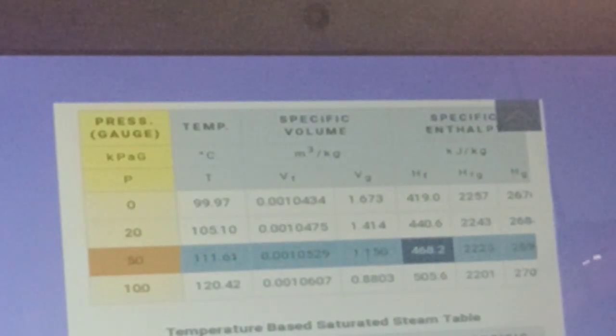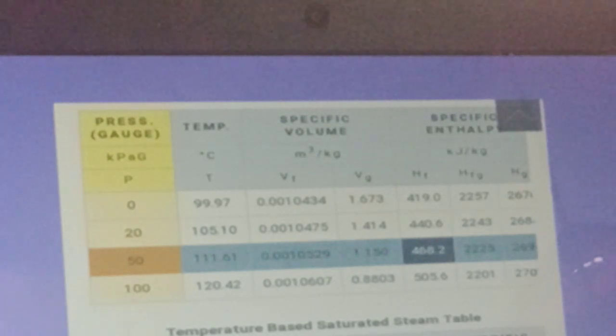In this one, the gauge pressure in kPa is 0, 20, 50, 100, and the temperature in Celsius is 99.97, 105.10, 111.61, 120.42.